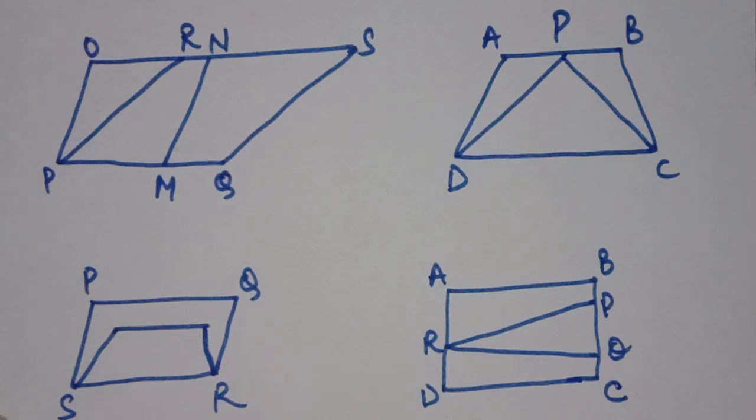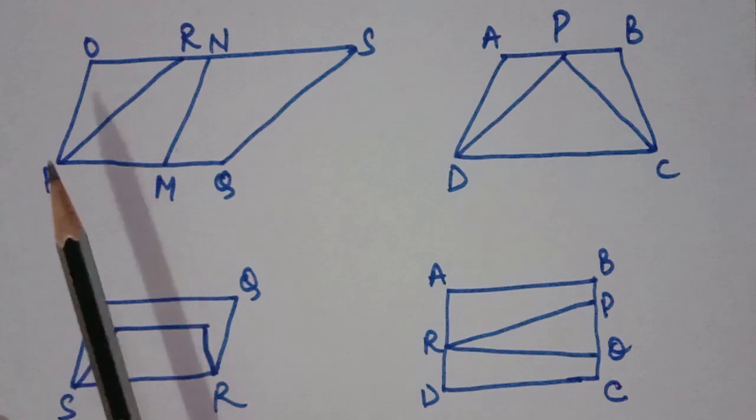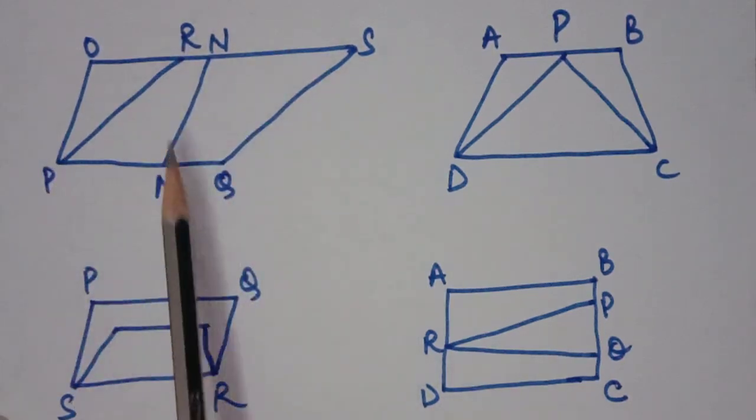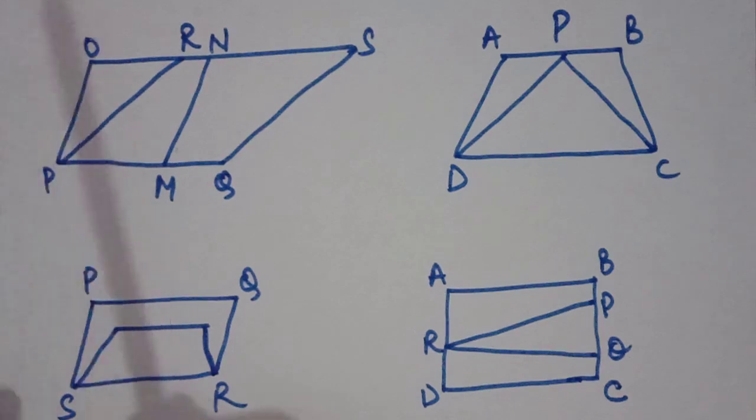You should also write which one is the common base and which two sides are parallel to each other. In these two diagrams, PQRS and PMNO, are they present on a common base or not? Yes students, both diagrams are present on a common base. Yes or no?